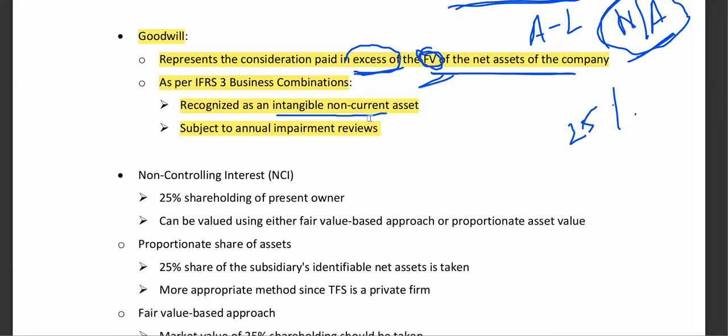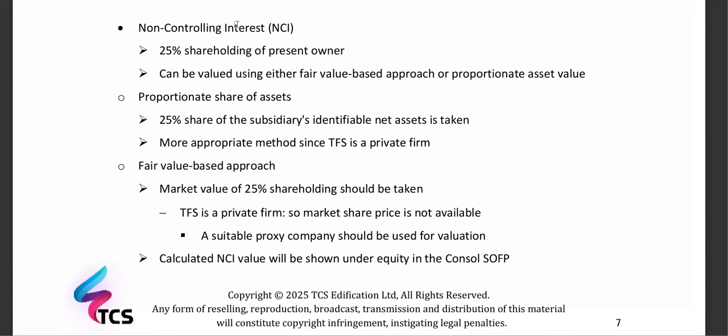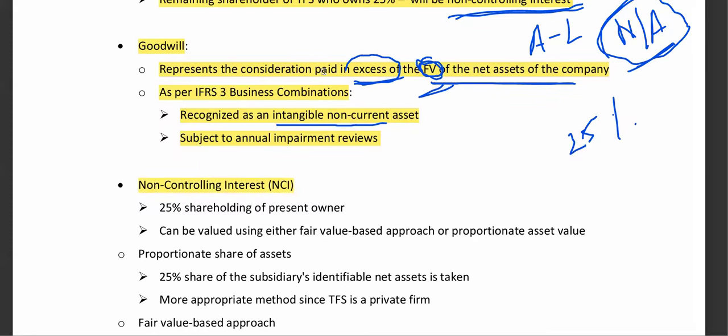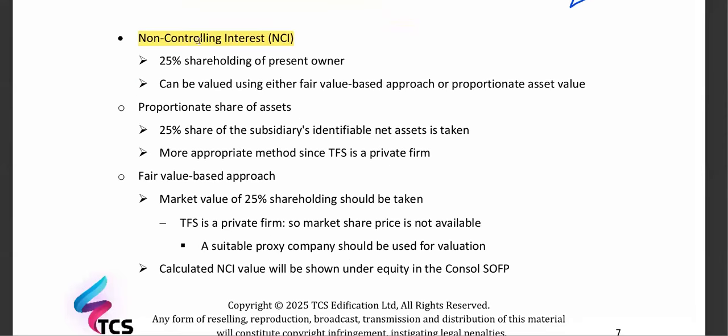We come to the non-controlling interest, a 25% shareholding, which belongs to the present owner. And remember, I said that we need to arrive at a valuation for this 25% shareholding. So we have two methods which we can use to value it. We can use the fair value based approach or the proportionate asset value approach.